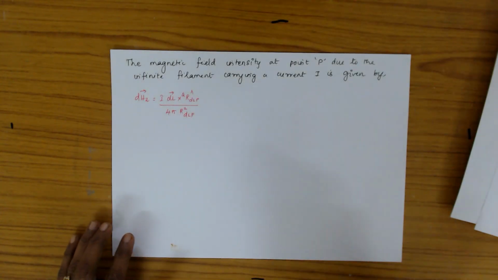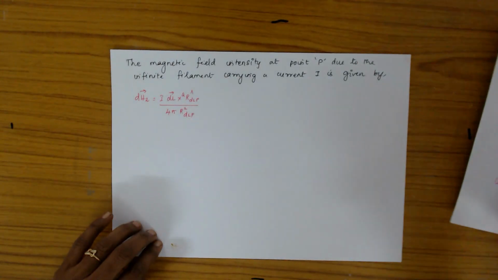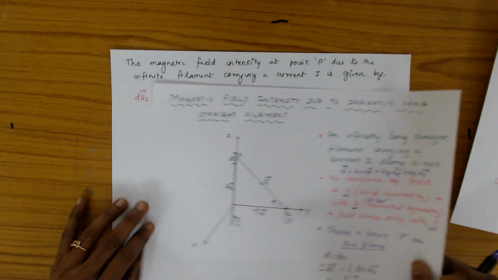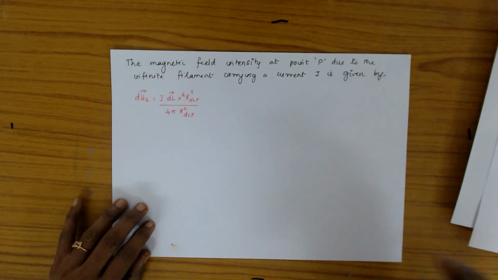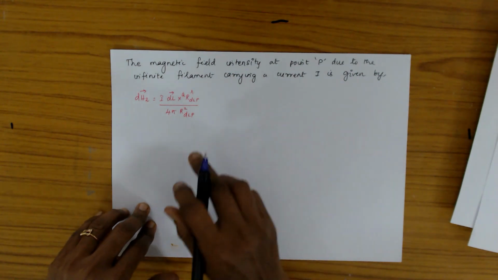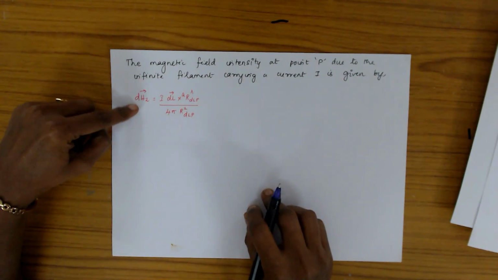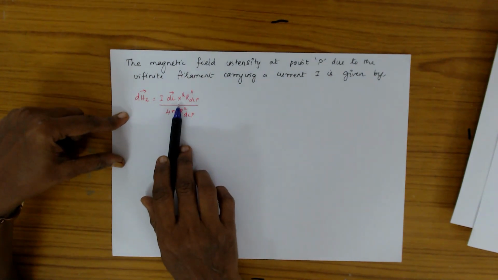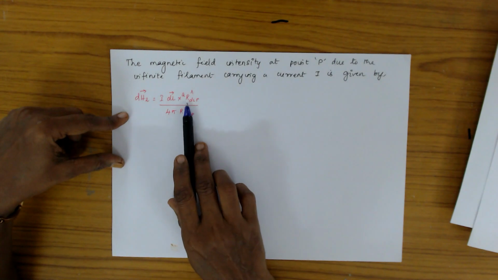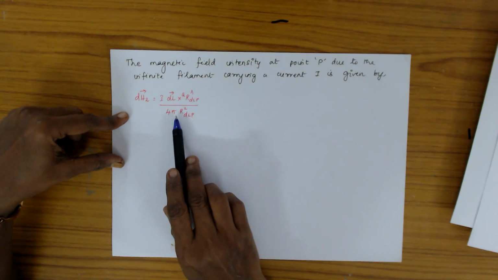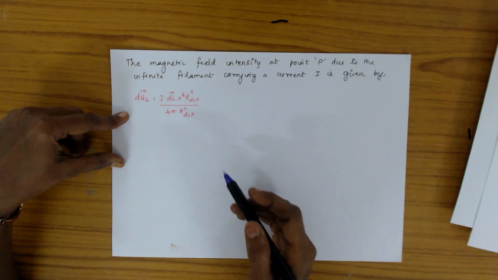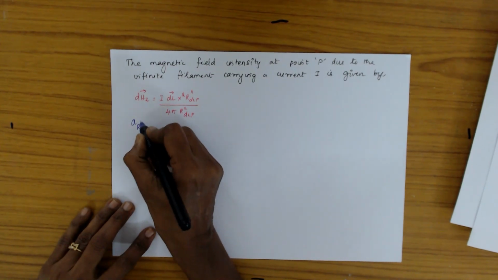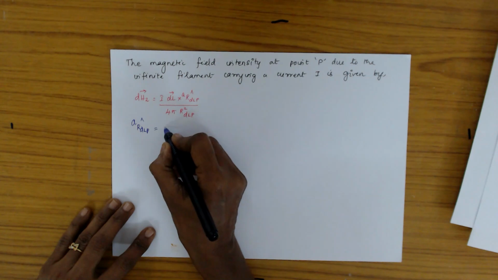Now we will derive the magnetic field intensity at this point P, due to the infinite current element. With the definition of Biot-Savart law, dH is given by I dl cross product aR dlp unit vector divided by 4 pi R dlp squared, where aR dlp is the unit vector of the distance vector r dlp.